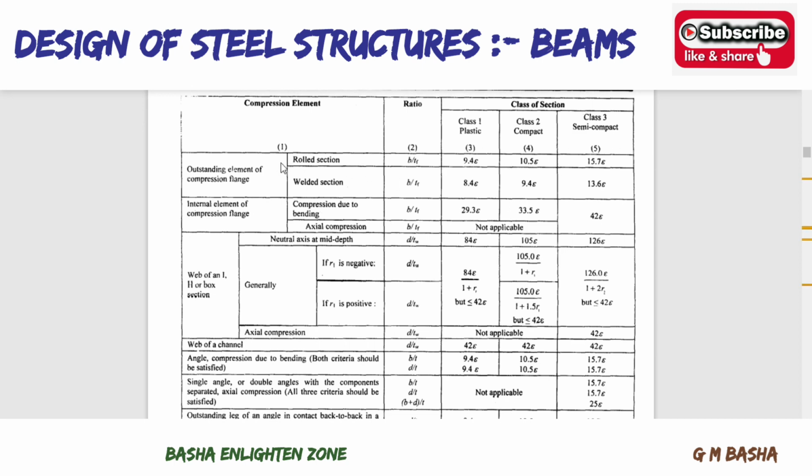Means for rolled steel sections, I am checking with b by tf less than 9.4 epsilon. See here, b by tf less than 9.4 epsilon. First I will check with this condition for the plastic section or else the compact section. You check any one.